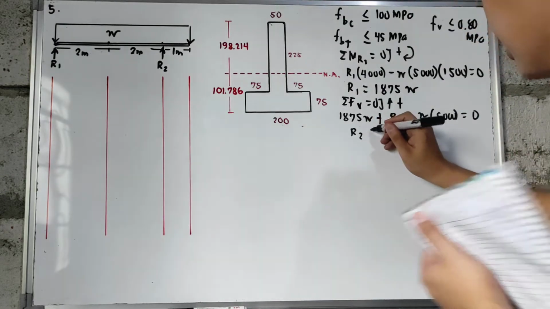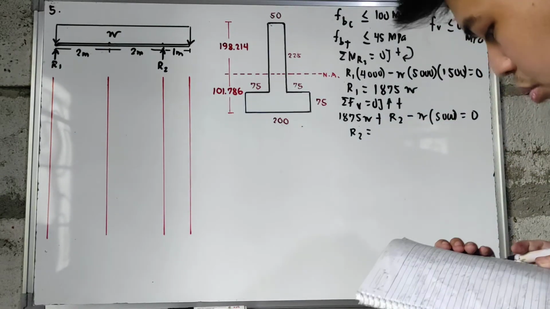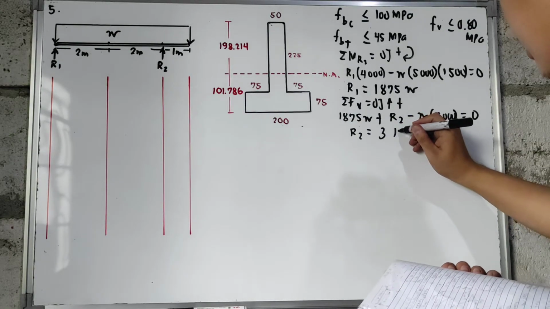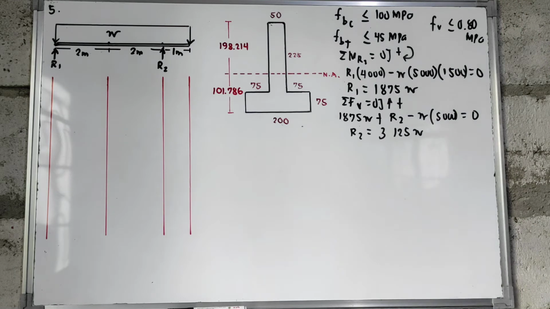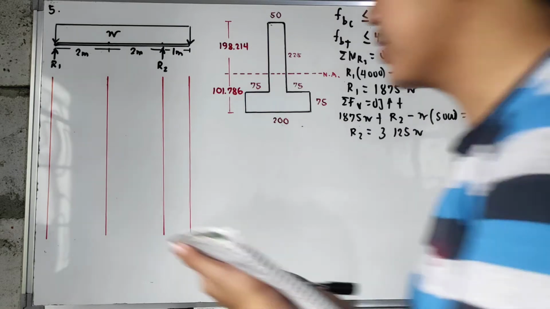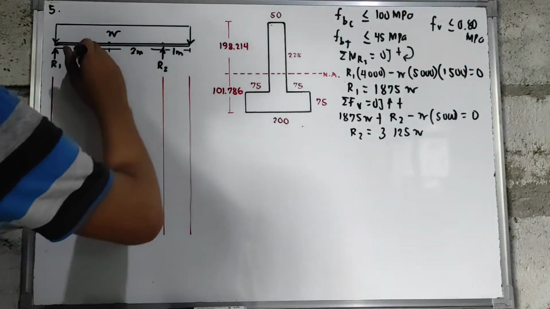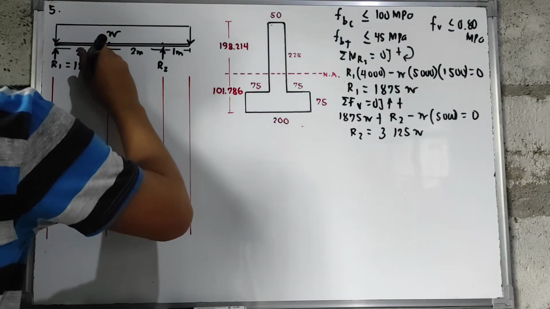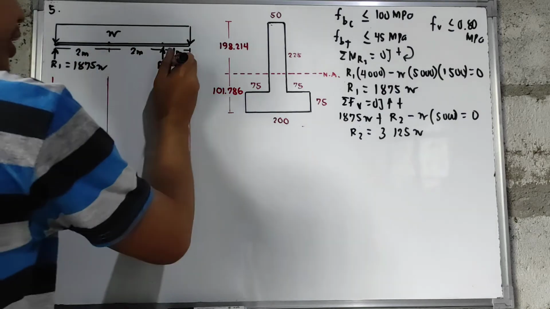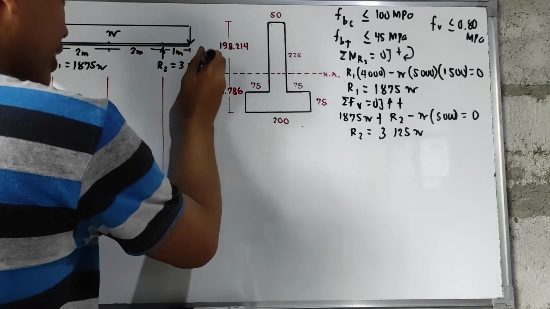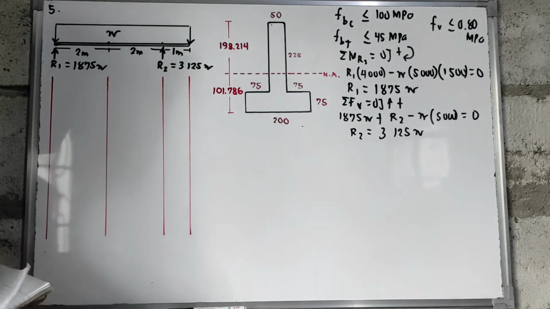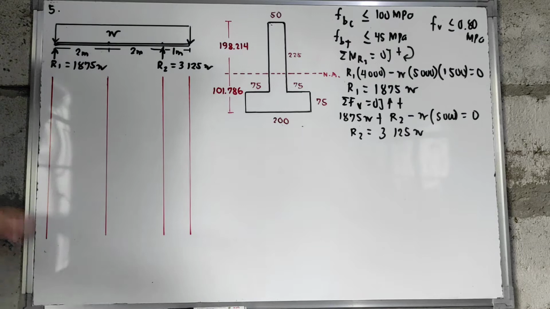So the value of your R2 is now equal to 3,125 W. So after finding for the value of your R1, which is equal to 1,875 W, and the value of your R2, which is equal to 3,125 W, we can now calculate for the value of your shear diagram and moment diagram.